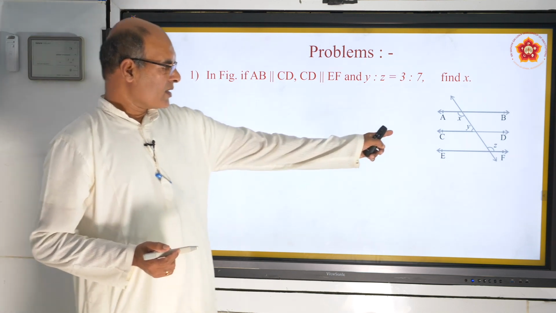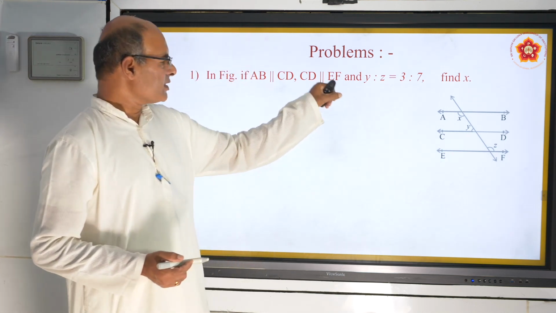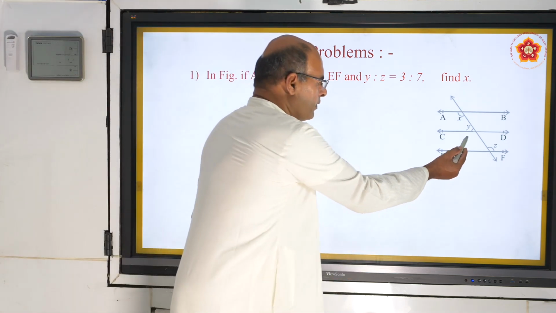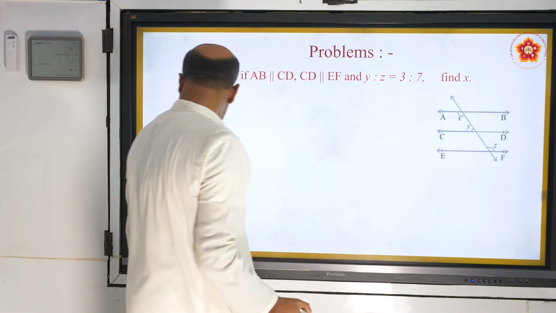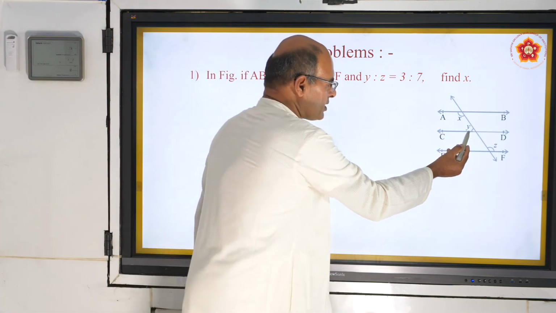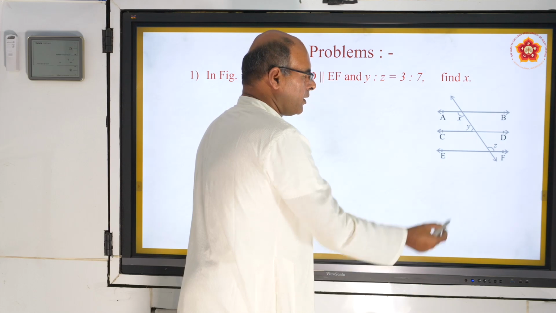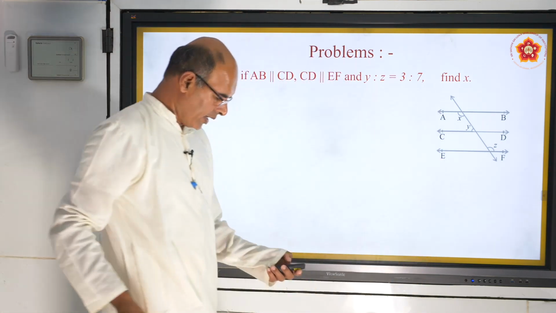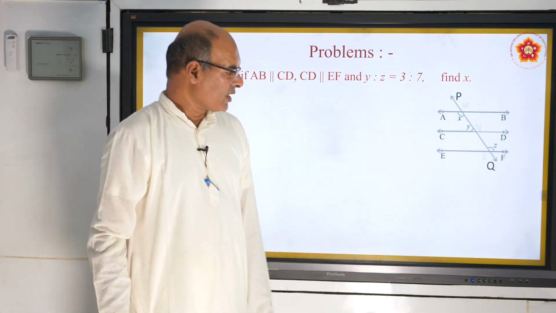So look at here. CD is parallel to EF. It is given. So therefore, these two angles are equal. So let us name this as angle A, and let us name this transversal and these points of intersection.